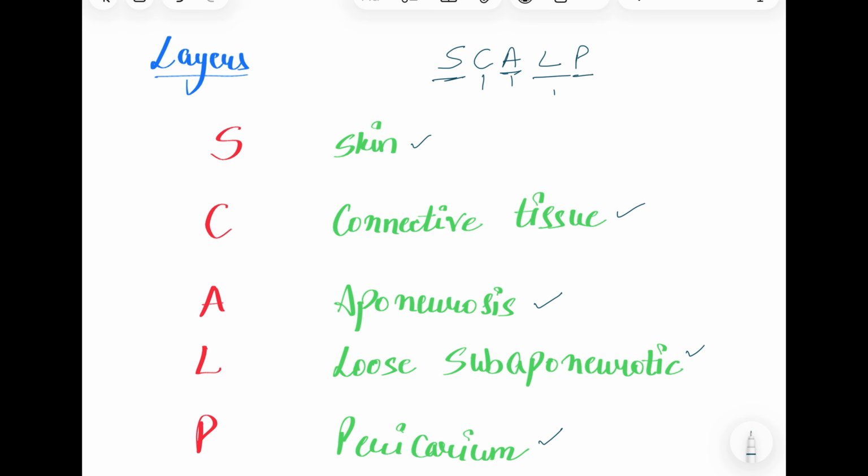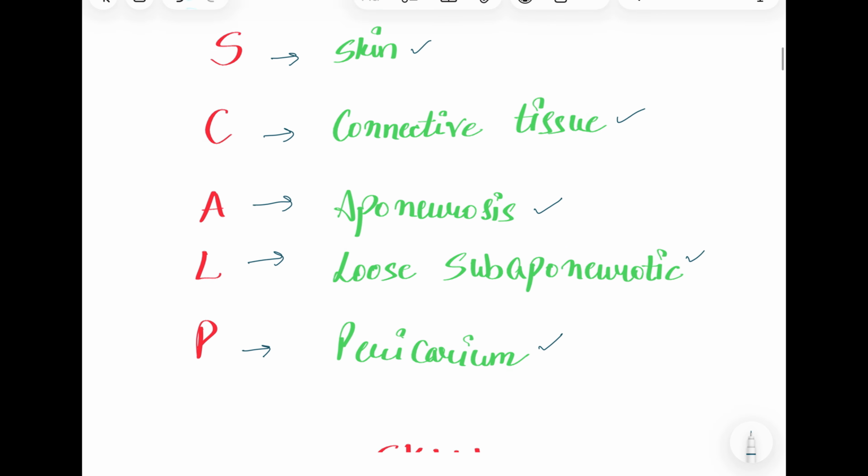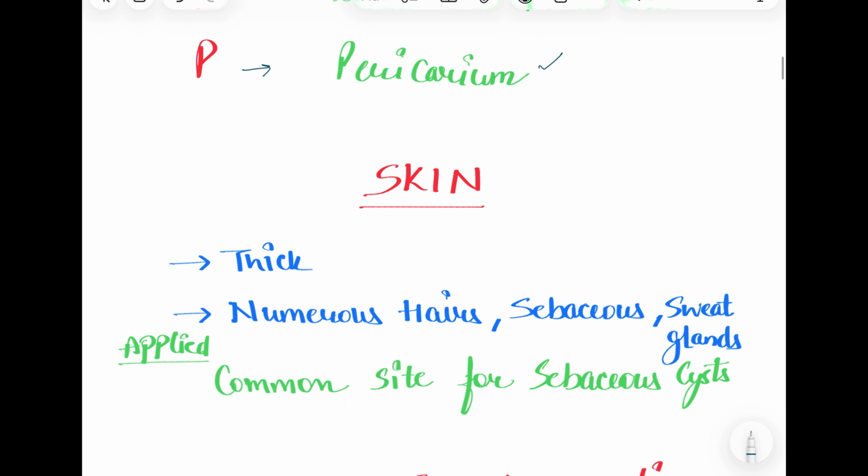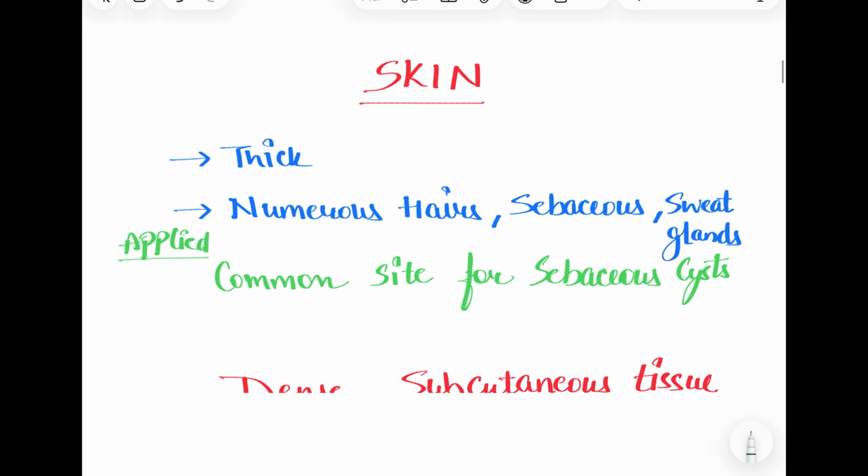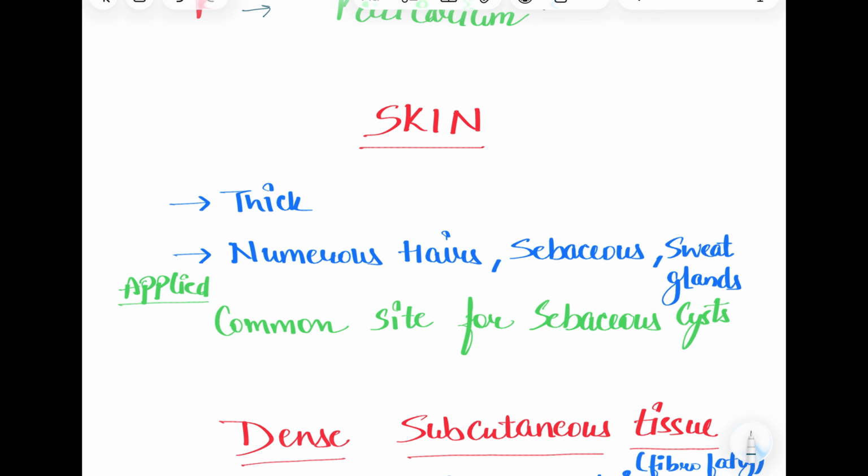So for the layers, a beautiful mnemonic is there, that is SCALP, right? So you have to remember the layers of the scalp, which usually comes in the theory or the viva. So we will be talking of layers one by one.